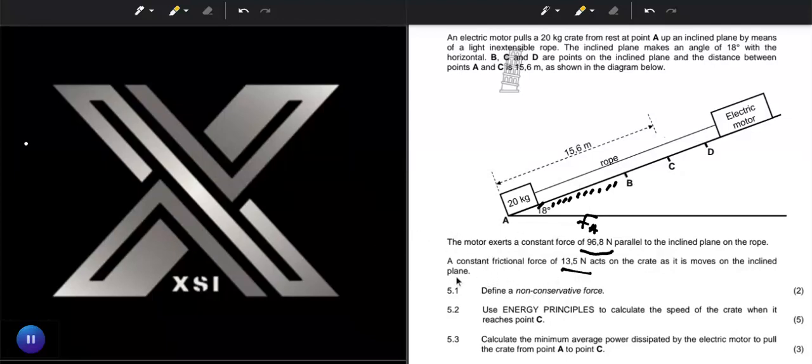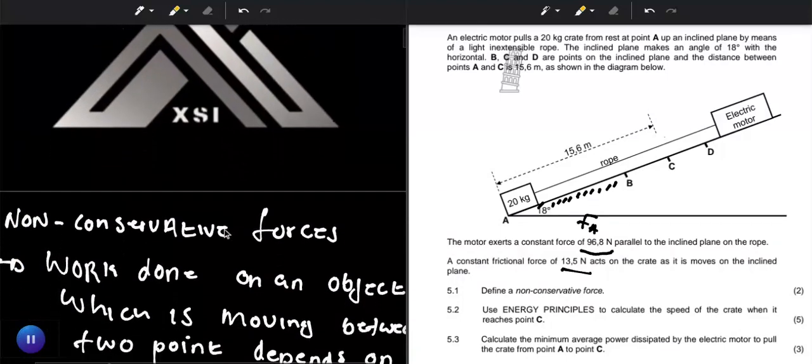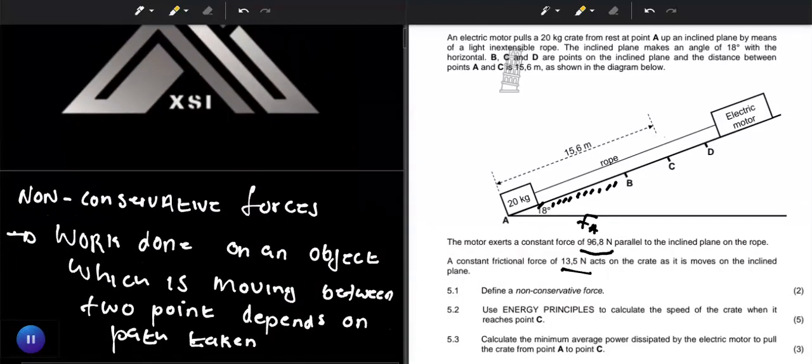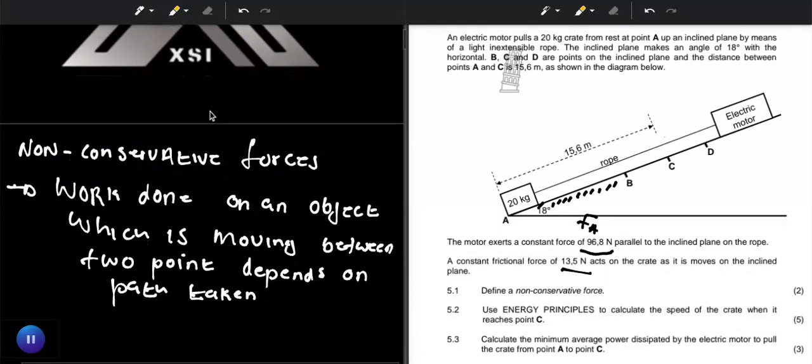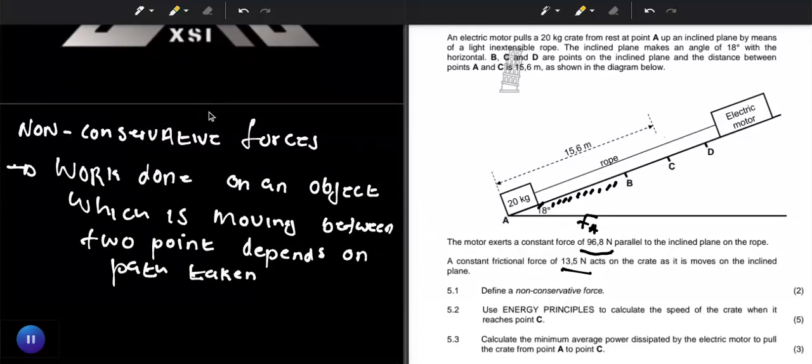Okay, so the first one: define a non-conservative force. I just wrote it over here to make things easy and save time. A non-conservative force is one where the work done on an object moving between two points depends on the path taken, like friction.